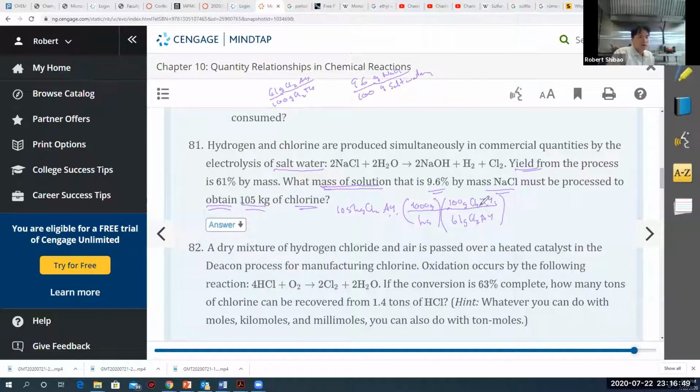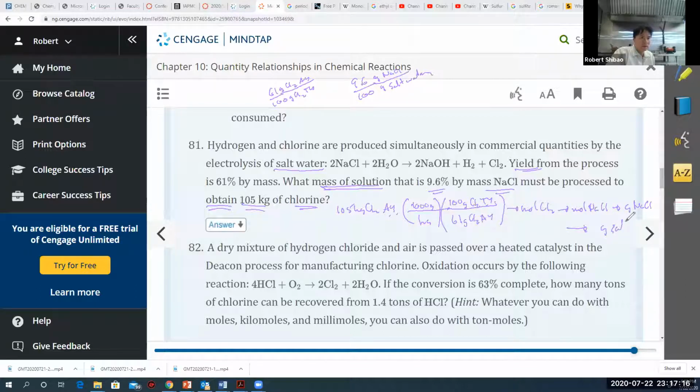Okay, then once we get grams of chlorine theoretical yield, we're going to go to moles of chlorine. And then from moles of chlorine, we'll go to moles of sodium chloride. And then from moles of sodium chloride, we'll go to grams of pure sodium chloride. And from grams of pure sodium chloride, we'll go into grams of salt water or solution.